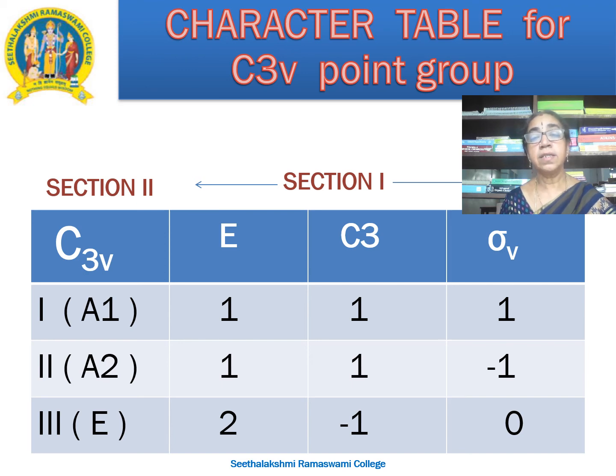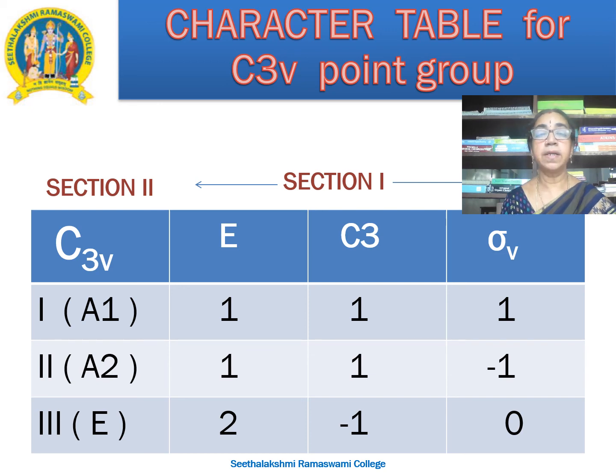Here, since the character for sigma V symmetry element is negative, that is antisymmetric, the subscript 2 is given. For the third IR, since the character is 2, it is considered as a two-dimensional IR and the Mulliken symbol E is given to that irreducible representation.